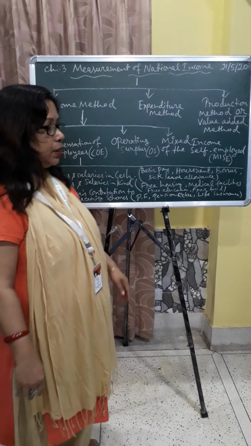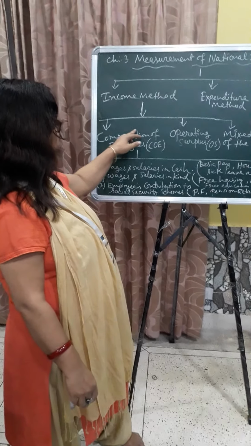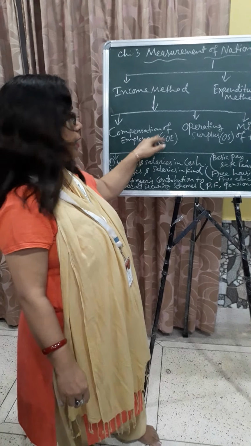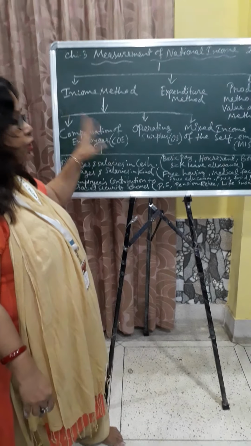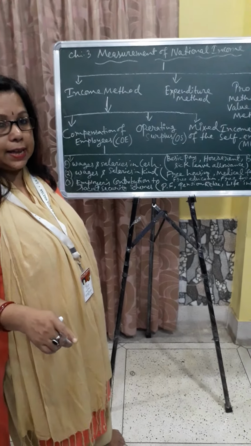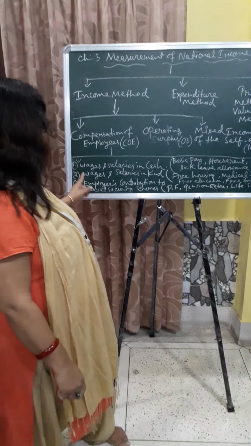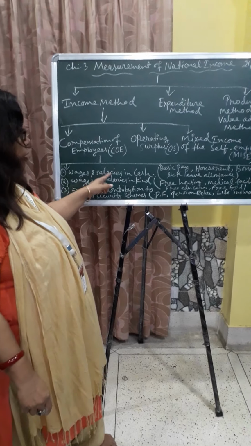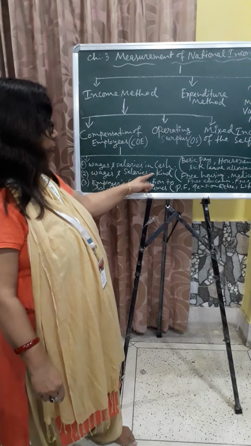One by one I will explain the components. First, COE, compensation of employees. It has three elements. Number one, wages and salaries in cash. Number two, wages and salaries in kind.